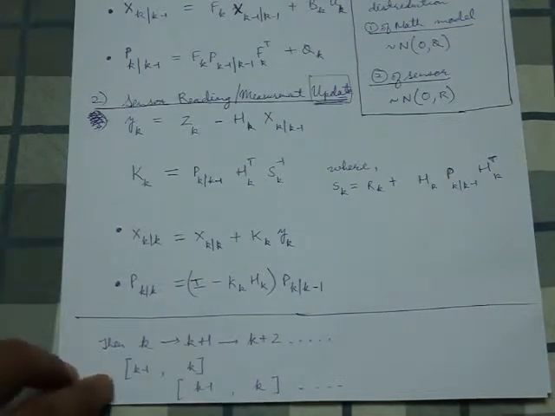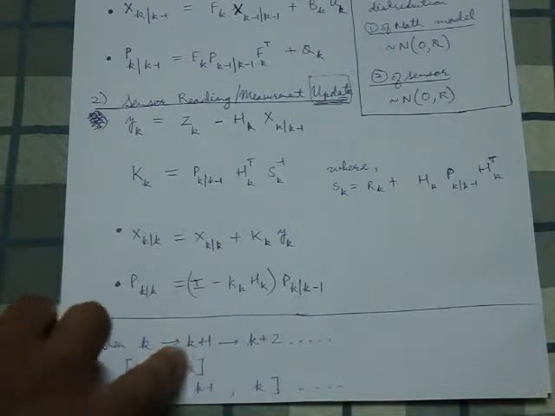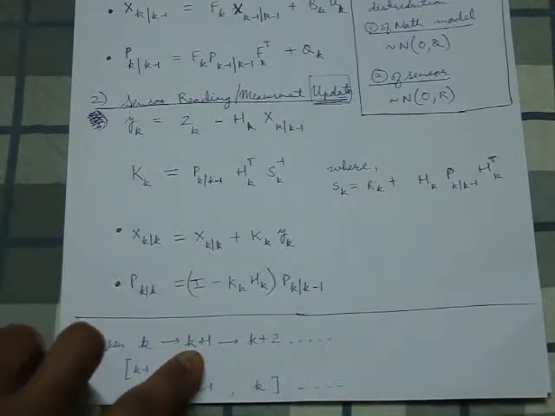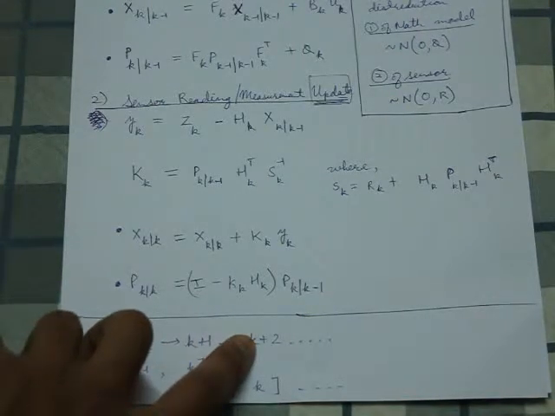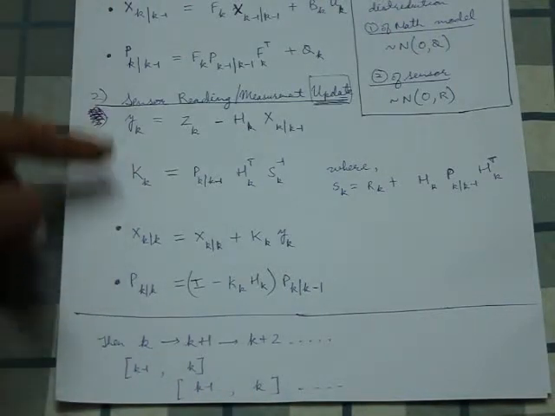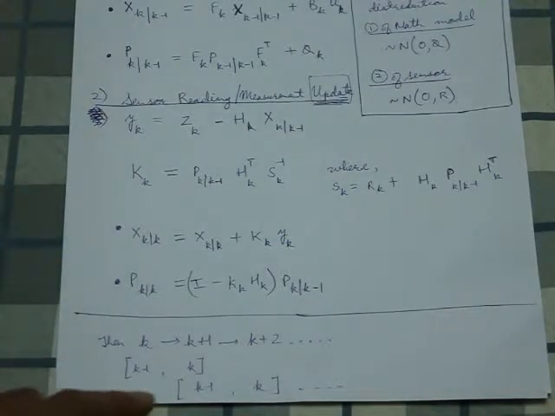And for the sake of representation, k will be written as k minus 1 and k plus 1 will now become k. And when the time step goes ahead further, k plus 1 takes the value of k minus 1 and k plus 2 will take the value of k. And in this manner, the same equations given above can be implemented for each time step as it goes up one by one.